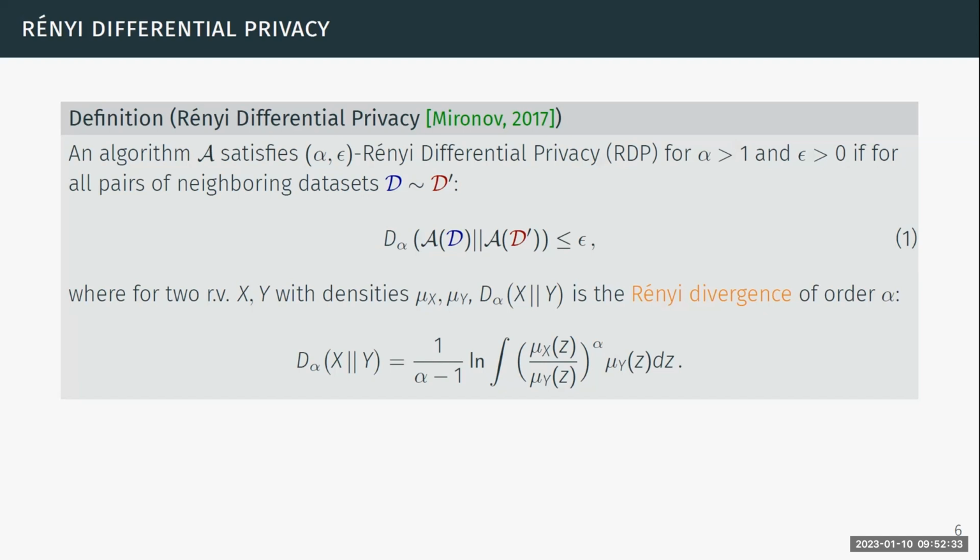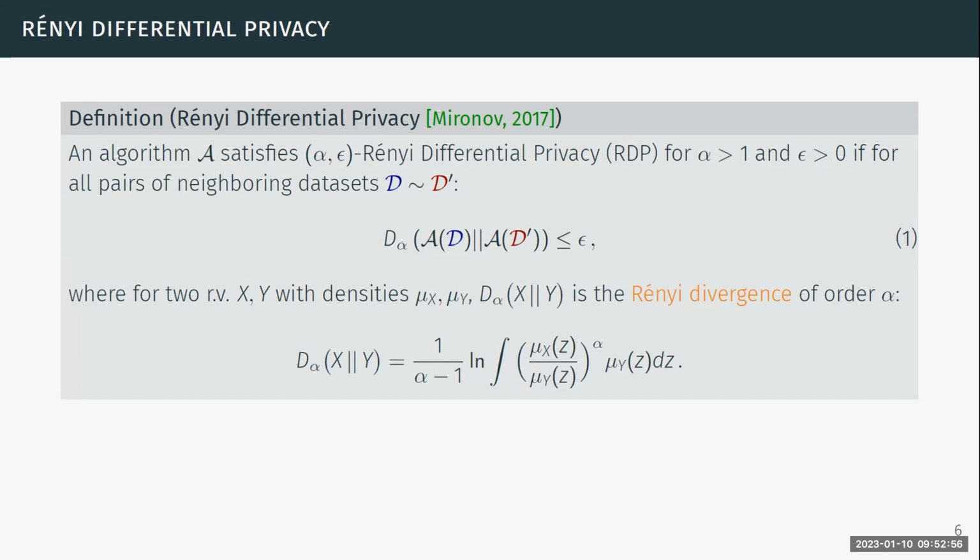This definition says that an algorithm A satisfies (alpha, epsilon)-Rényi differential privacy for some parameters alpha and epsilon if, for all pairs of neighboring datasets D, D prime that differ in a single point, the divergence between these two distributions is small, bounded by epsilon.